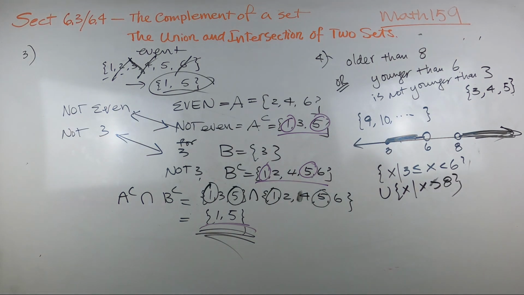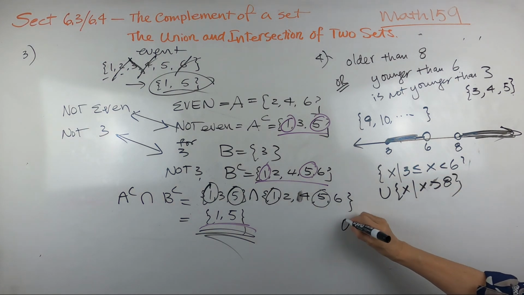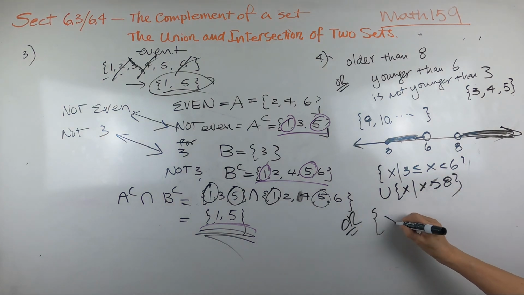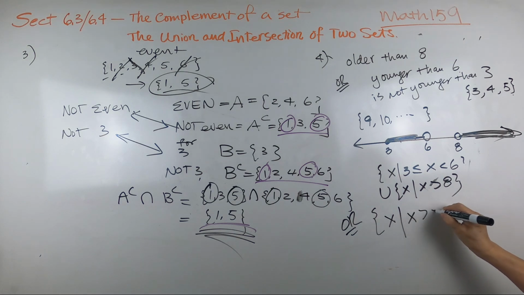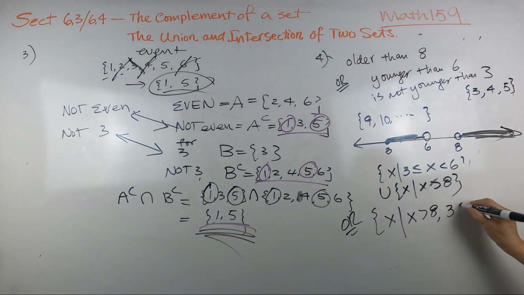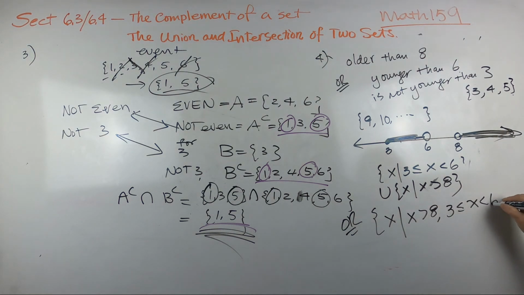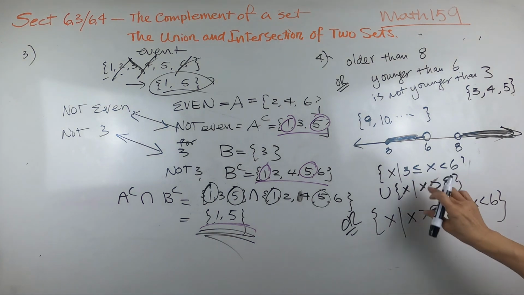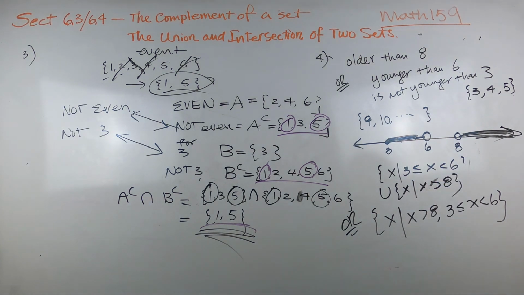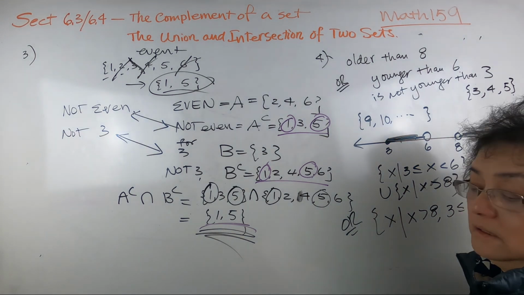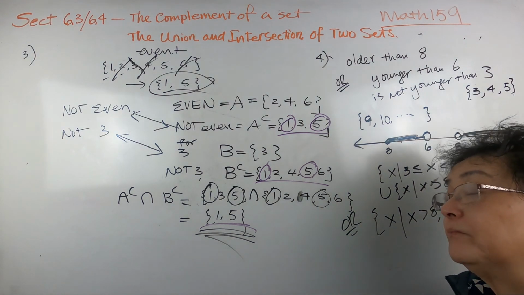Or you can write it together this way: X is bigger than 8, also can be X less than 6. Good? Confusing, isn't it? That's your English.